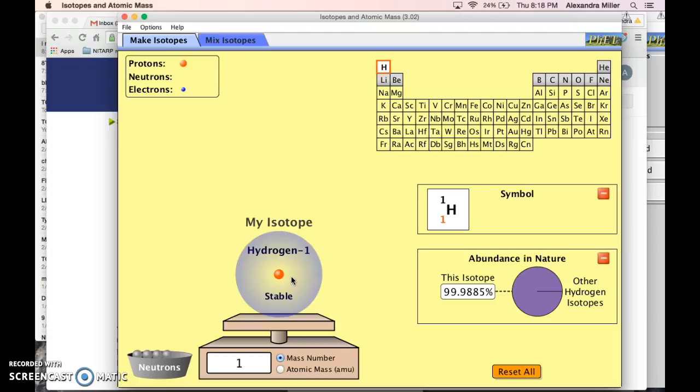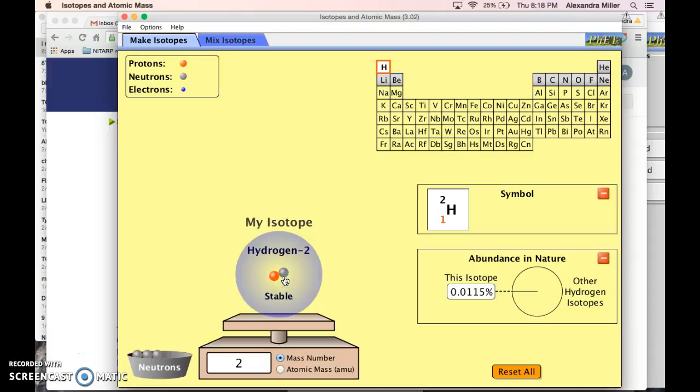There are atoms of elements that differ in their number of neutrons. They have the same number of protons, like hydrogen has 1 proton, but sometimes instead of having no neutrons, like 99.9885% of the hydrogen atoms, there are some that have 1.